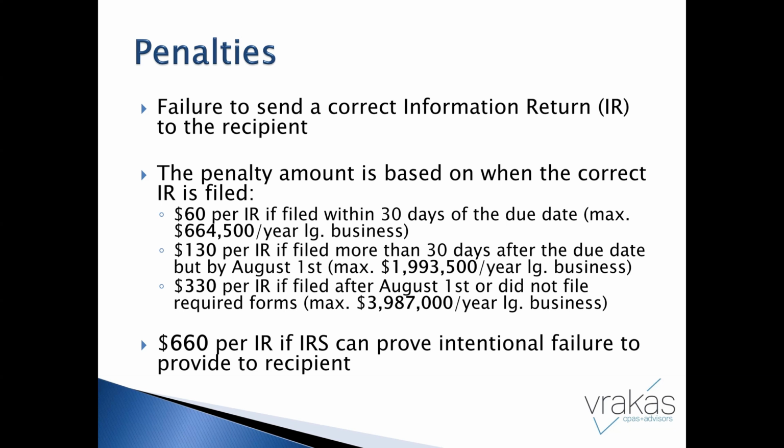You just need to make sure that you have followed the IRS guidance and said, all right, I completed them. I've sent them as soon as I could. We had changeover in our staff and they didn't get issued. Sometimes they'll forgive you. Otherwise, there are penalties, and it's based on when you actually did send them.